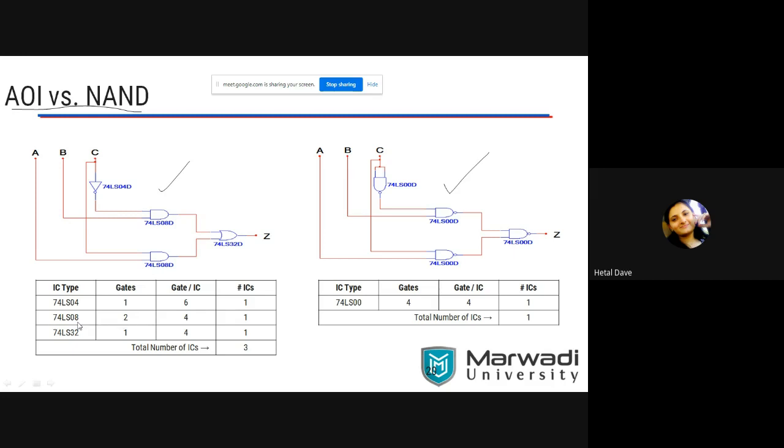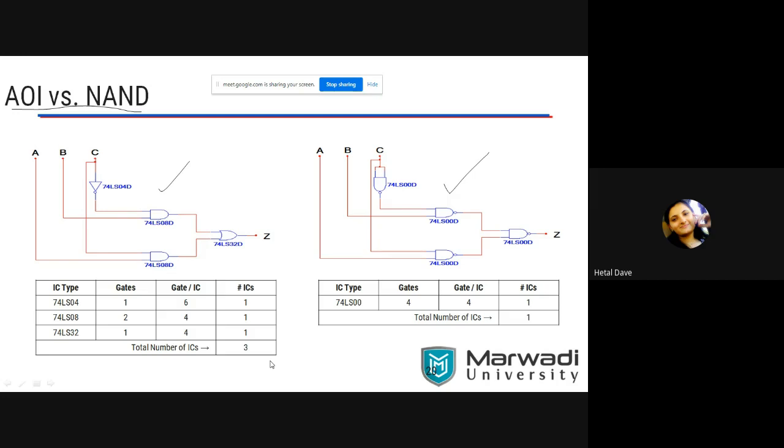And 7408: total gates are 4 in one IC, we will use 2. 7432: total gates are 4, from this we will use only one gate to build this circuit. So the total number of ICs is 3. You will require 3 ICs: 7404, 7432, 7408.